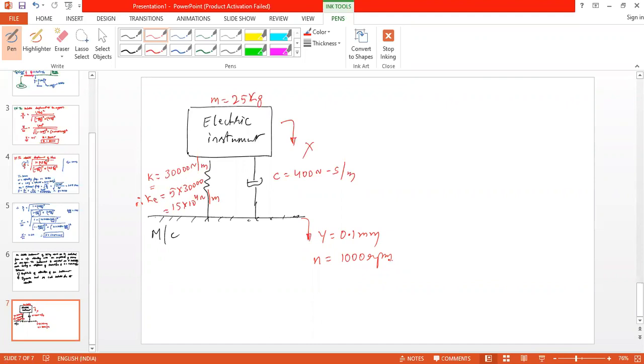And what is the dynamic load on each isolator? That is, the load exerted on the isolator, which is the load being transferred to the machine. What is FT? This we need to find out.